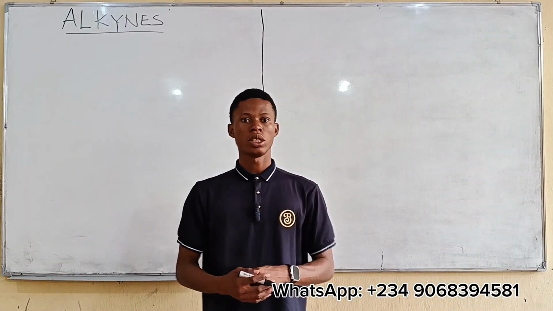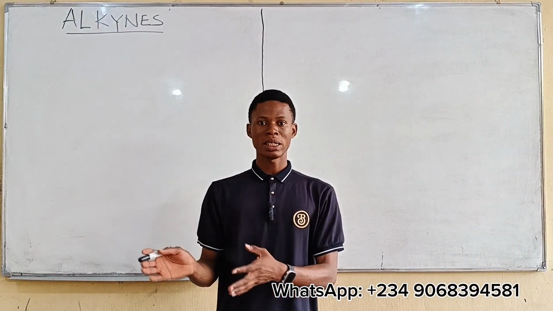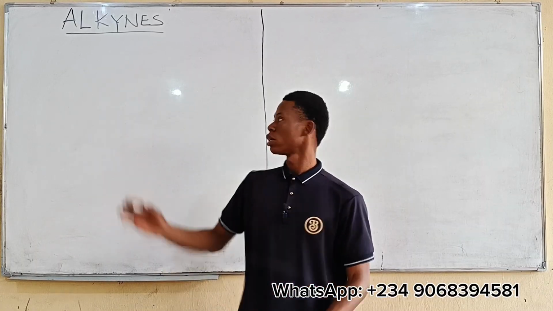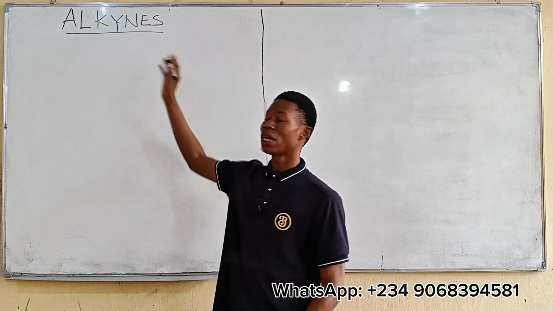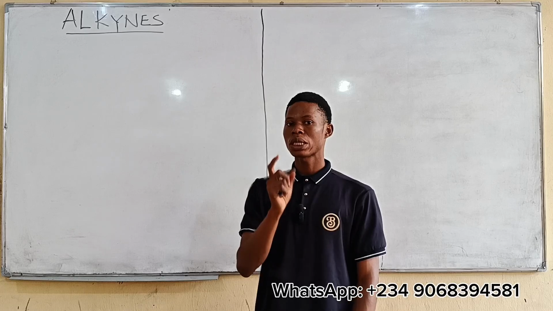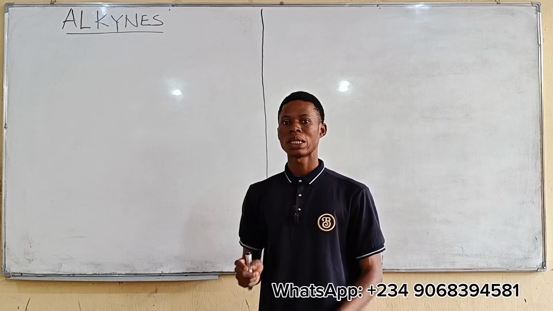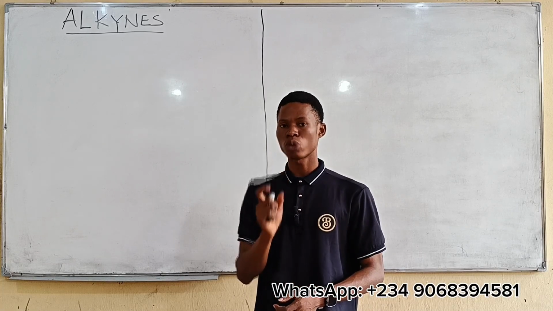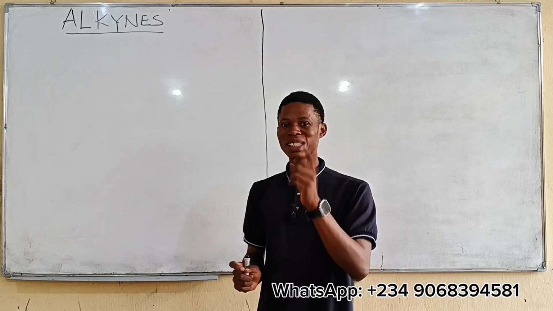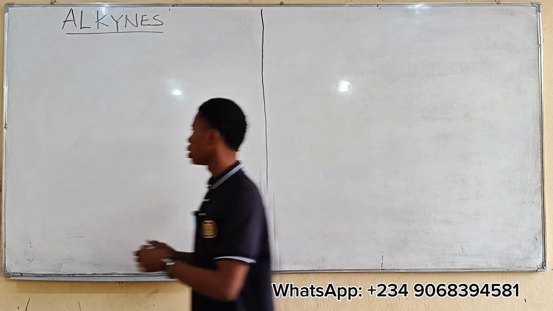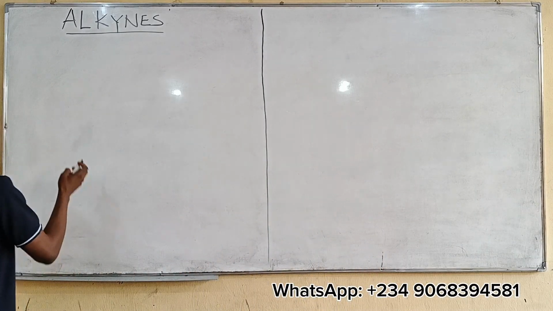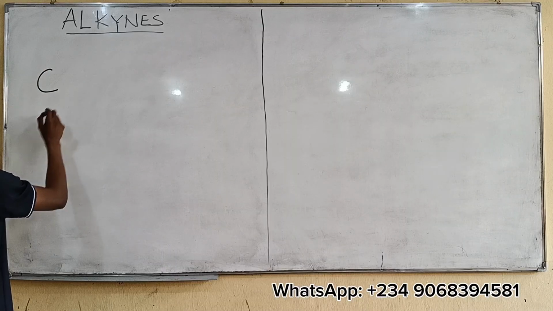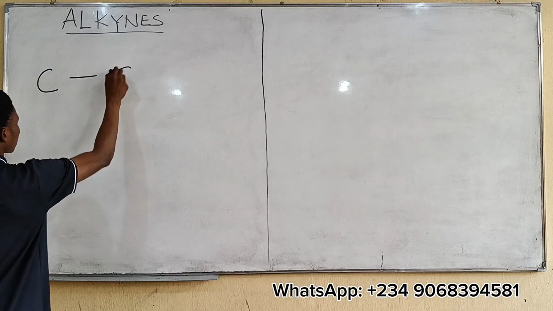Look at this compound. In our last video, we looked at alkanes. Today we are going to be looking at the alkynes. The first thing I would like you to know about the alkynes is that they are unsaturated. They have at least one triple bond. If you look at something like this, this is carbon, this is carbon.